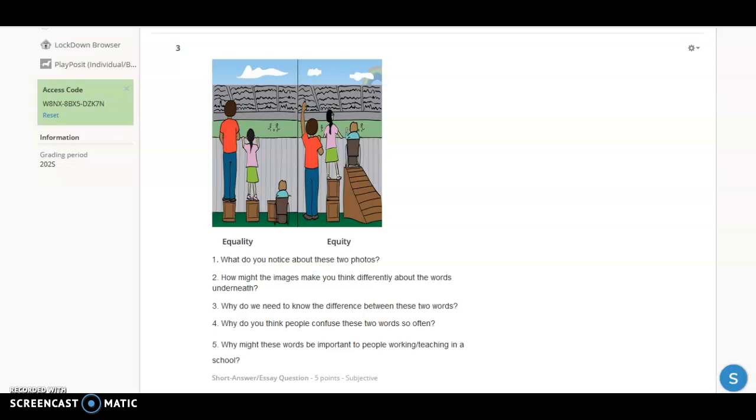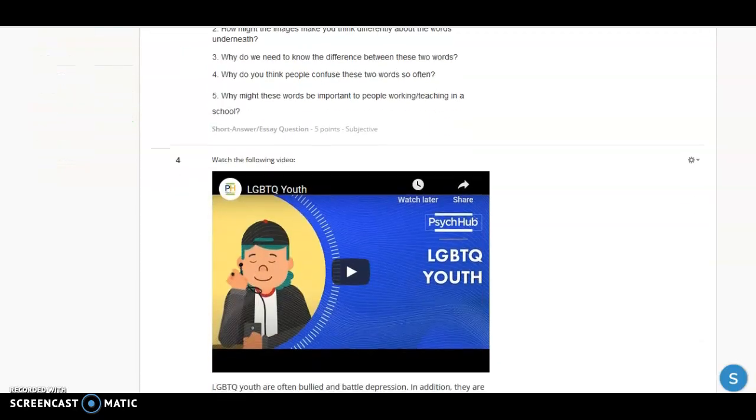But in the equity picture on the right, equity means giving them the support that they need to reach the goal, which in this picture was to see the baseball game. Obviously for the girl, it meant having the correct number of boxes. For the little boy in the wheelchair, I think it's a little boy, it meant being given the ramp to gain access to it. So I want you to think about that and answer the questions below.